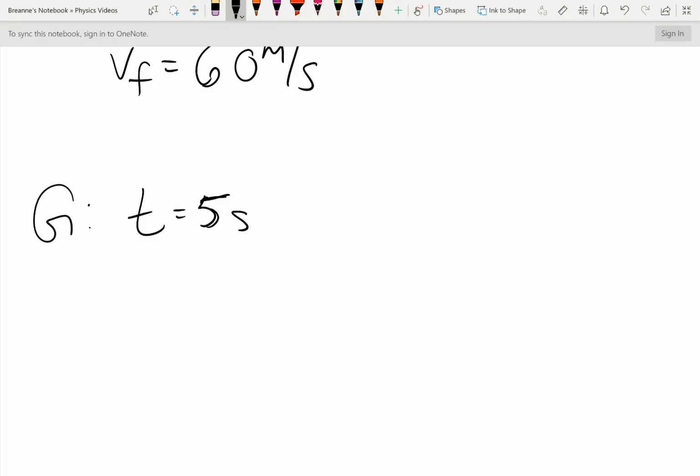Now remember, when a ball is thrown up, you're in the y direction. Anytime you're moving in the y direction, you have acceleration, and your acceleration is negative because gravity is pulling you down. So it's asking for what is the velocity after 5 seconds to reach max height.